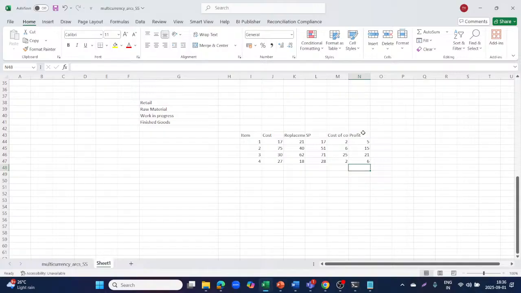So always you have to do the comparison in every case, whichever is lower between the cost and the selling price. If you do the replacement cost, if you replace this machinery, the cost will be this much. That means you will get 21. So 17 and 21, the difference of these two will be 5. This is a profit. Then if you talk about cost or the replacement value, whichever is less.